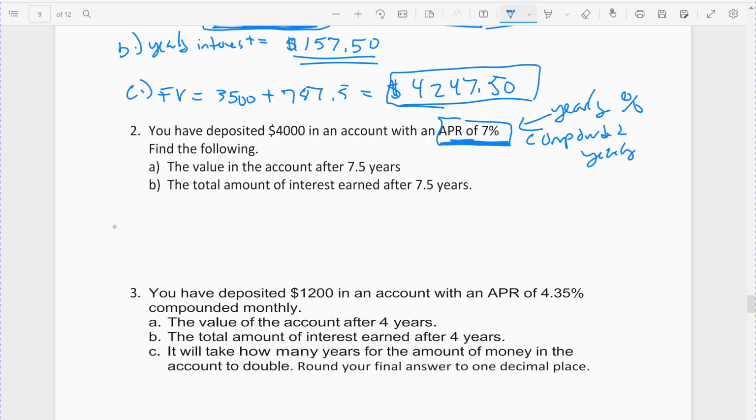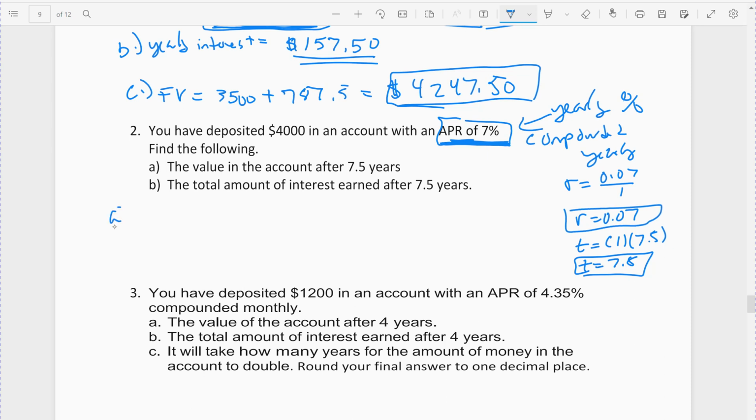R is your percent, and in this case it's your annual percentage rate because you're earning 7% per year, so r is 0.07. T is the number of compounding periods. You're compounding yearly, so it'd be 1 times 7.5, so t is 7.5.